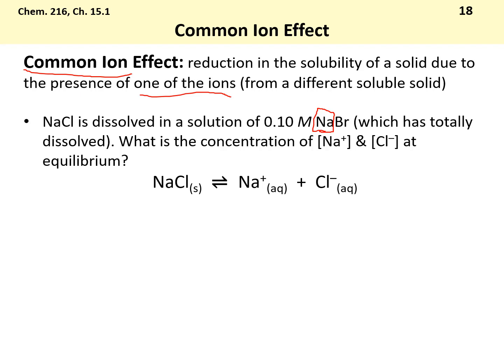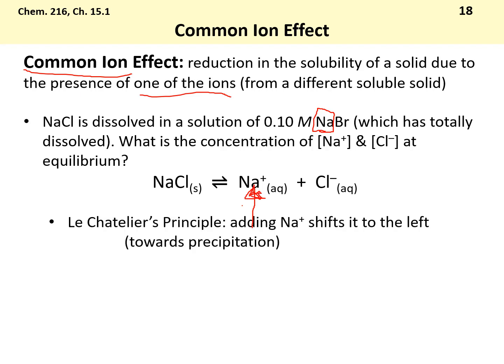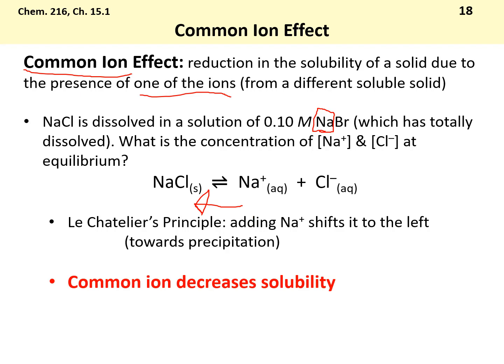We have a common ion. So what's going to happen? If I increase the amount of sodium, according to Le Chatelier's principle, that's going to shift it towards the left, right? That means I'm going to get less of my ions forming, right? And so common ions decrease solubility.